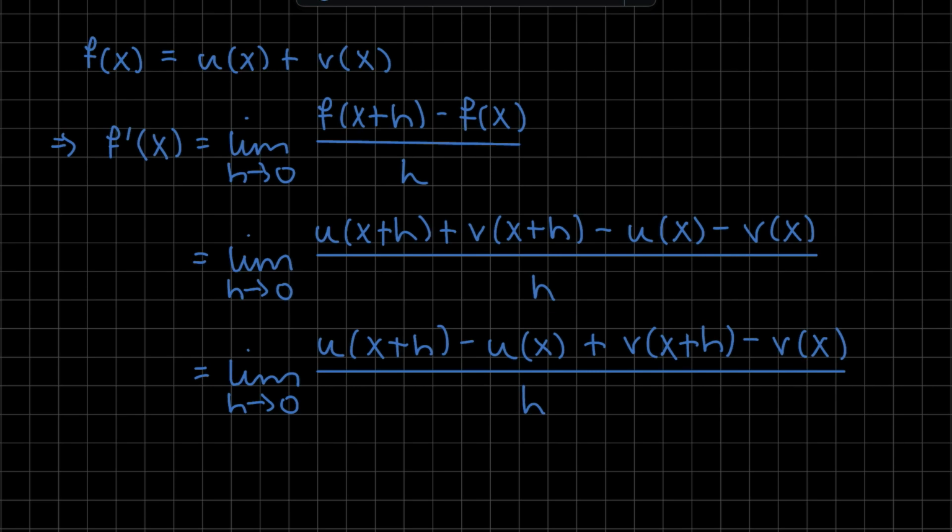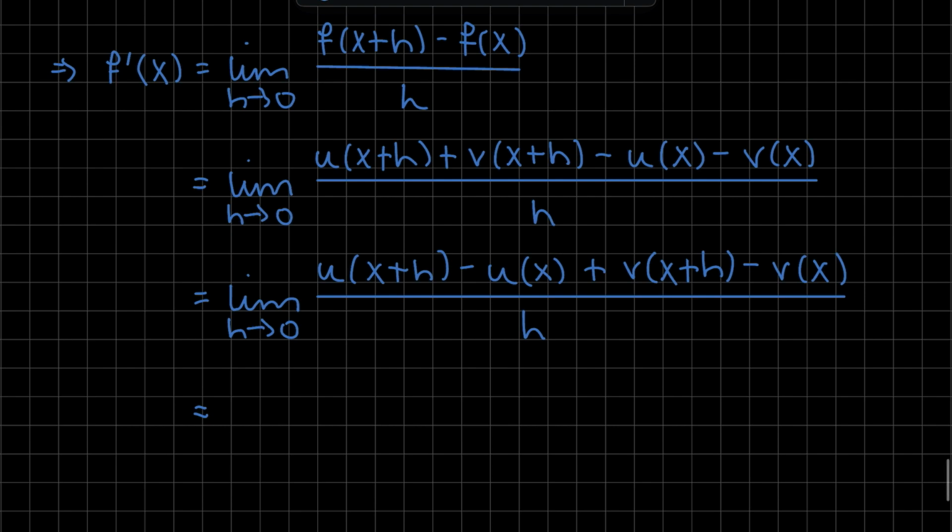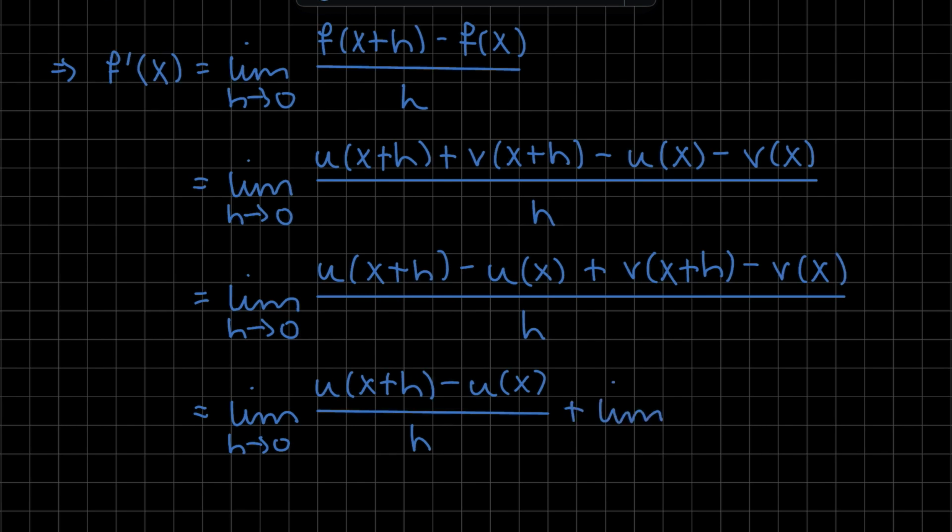So now we're going to use limit laws to split this limit into two separate limits in order to identify the two derivatives. You'll see what I mean in a moment. So I'm copying it, but also I'm going to split the limit. We covered this limit law in the very first video.